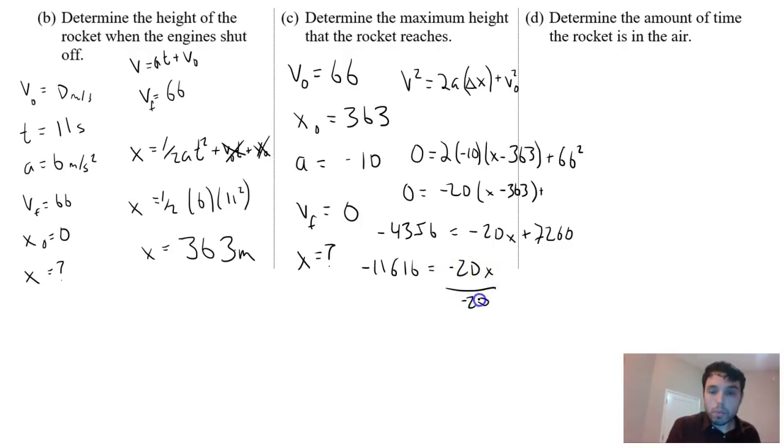Divide by -20 on both sides, and x is going to equal 580.8, which is the correct answer.